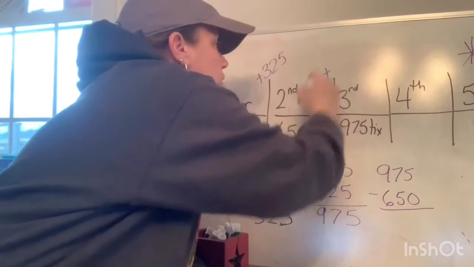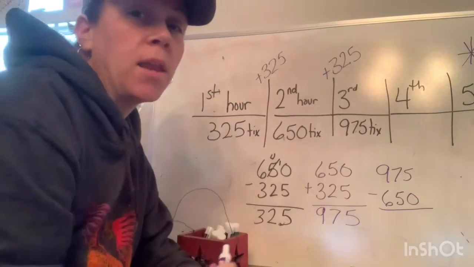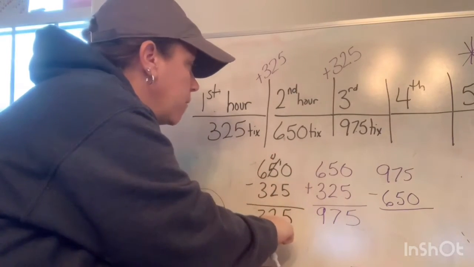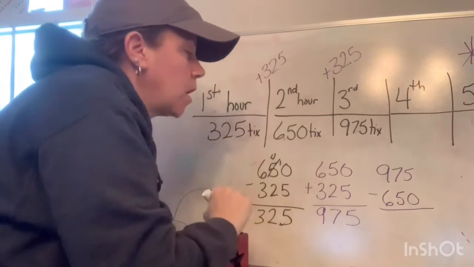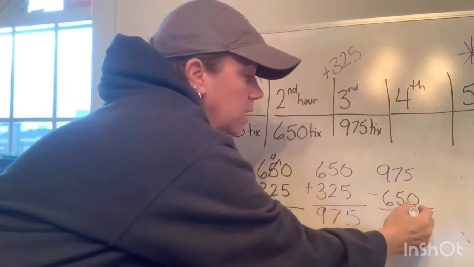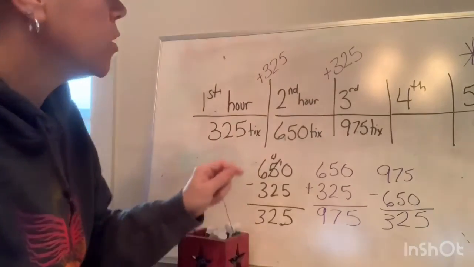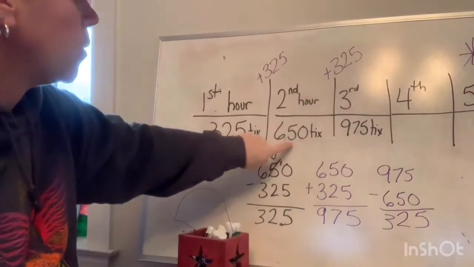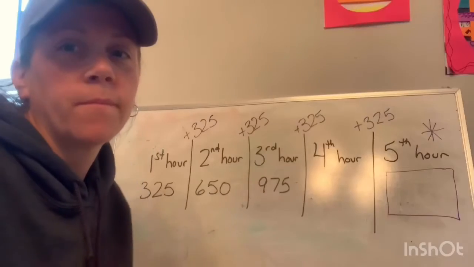So I added 325 to 650. Some of you might have said, well, I took 650 and subtracted 325, got my 325 as my first addition of tickets, 975 minus 650, also 325. So the difference between these two numbers is 325. The difference between these two numbers is 325. So that's a good pattern.